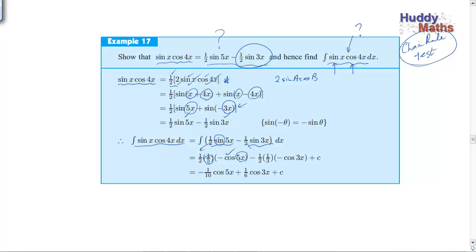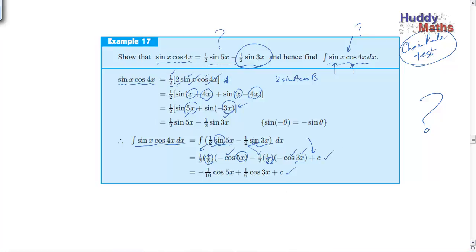Same here, neg half out the front, and now the integral of sine is neg cos 3x, and dividing by the derivative of that function in there. You must identify the rule, there it is. When we're down here, the rules we're looking for are the chain rule, and you divide by the derivative of that second function, the 3x. And then don't forget the c every time.